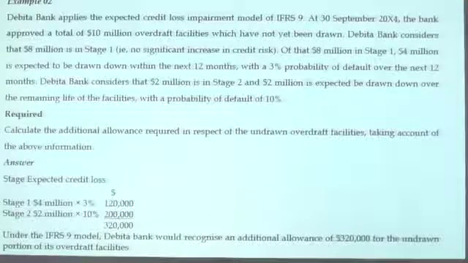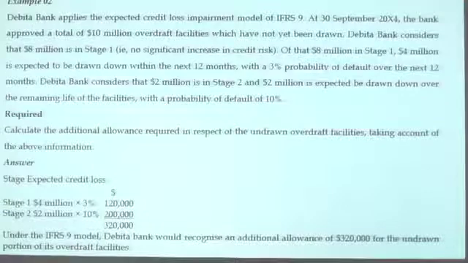Debtor bank considers 8 million in stage 1. Out of the 10 million you allowed, 8 million is in stage 1. That is, no significant increase in credit risk. If it is in stage 1, you are required to recognize only the next 12-month loss, not the lifetime loss.